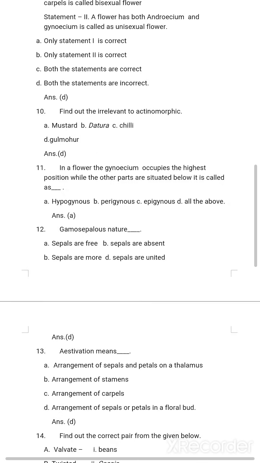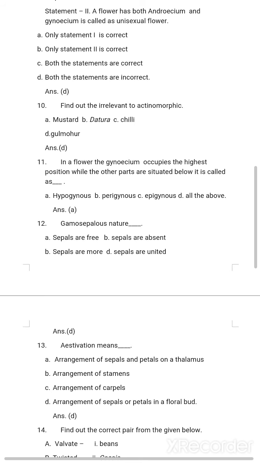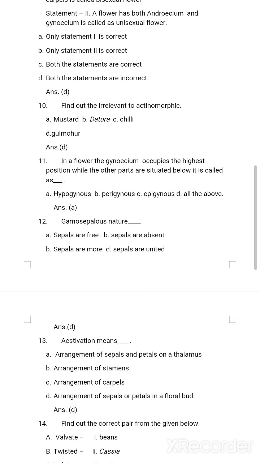Next, 10th question. Find out the one irrelevant to actinomorphic. Here some examples are given for actinomorphic nature. Option A, mustard. Option B, datura. Option C, chili. And option D, gulmohar.